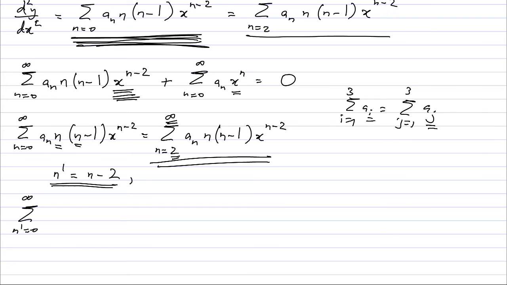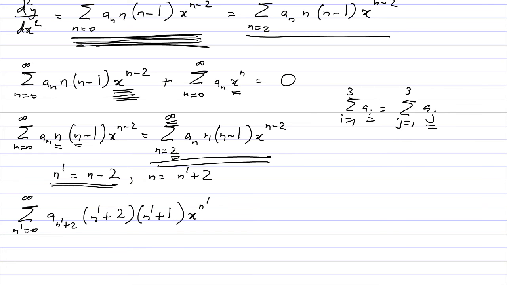Then you have a, and instead of n, I have n prime plus 2, because remember, if n prime is equal to n minus 2, then n is equal to n prime plus 2. So instead of n, I have n prime plus 2, and then n minus 1 is n prime plus 1, and then you have x raised to power n prime. So that's an entirely equivalent way of writing down the double derivative of y.